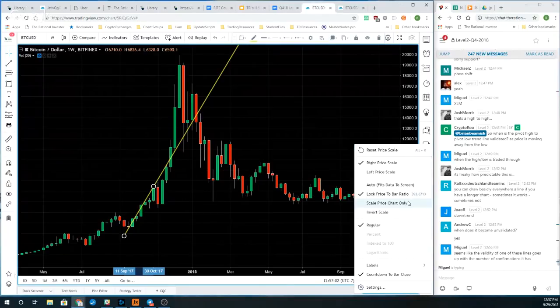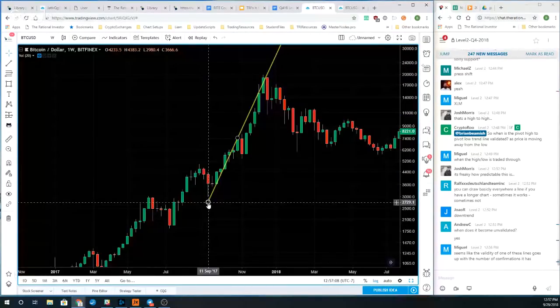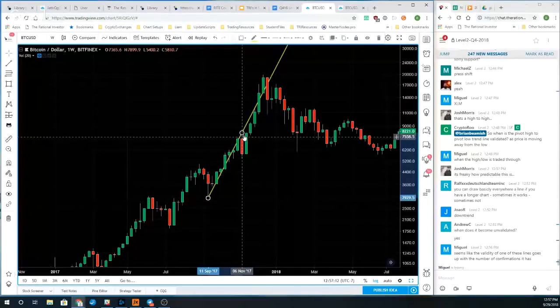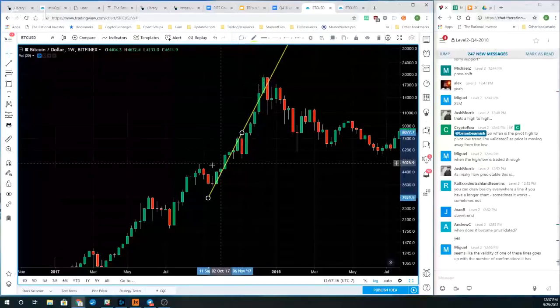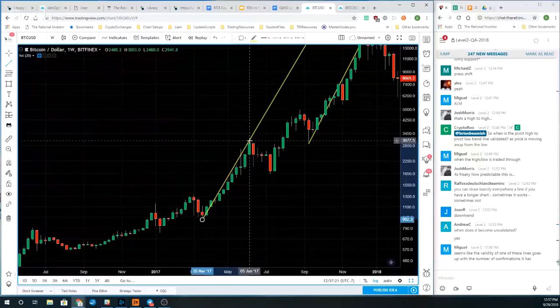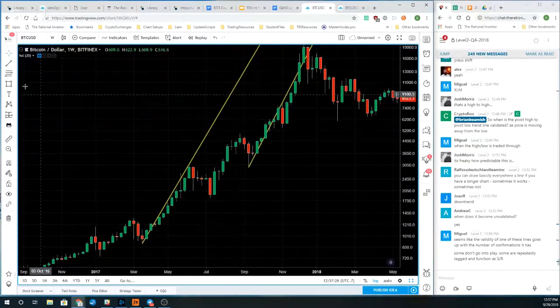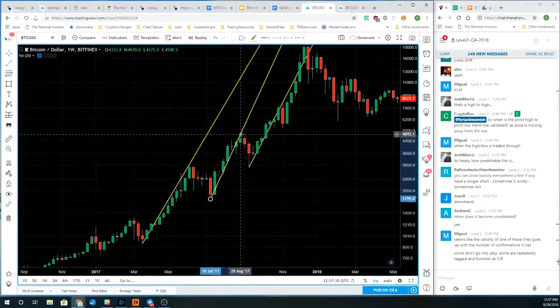Whoops, that's not what I wanted. Log. Yeah. Okay, so here you can see we go pivot high, pivot low to pivot high, and it worked pretty well there, right? We could probably do this the whole way up here. Pivot low, pivot high. That didn't really get respected. We could go pivot low, pivot high.